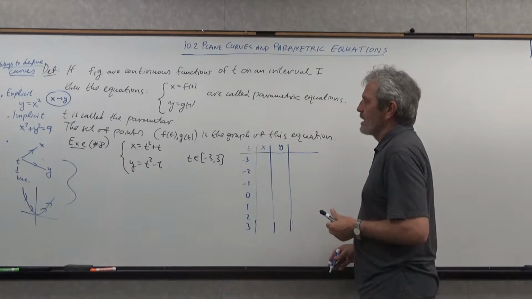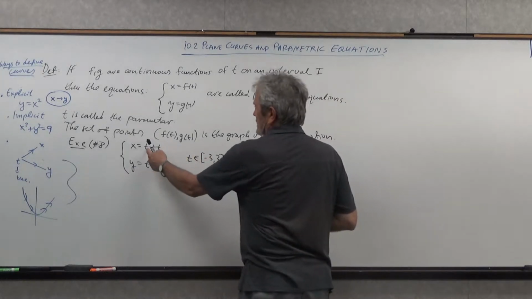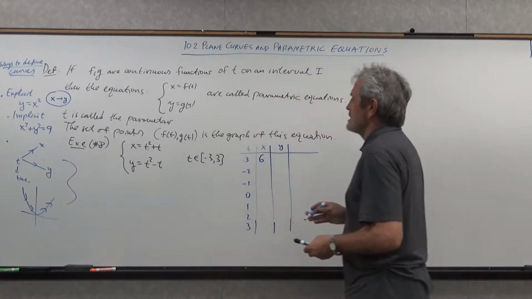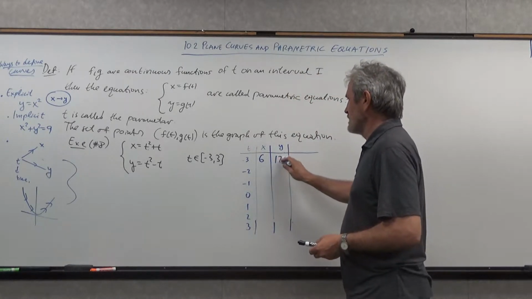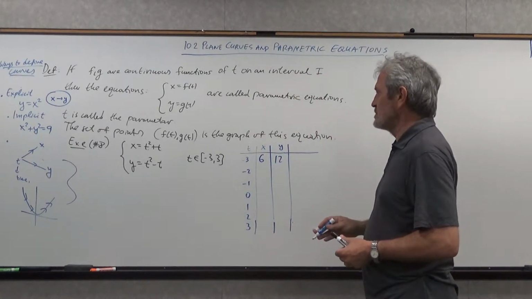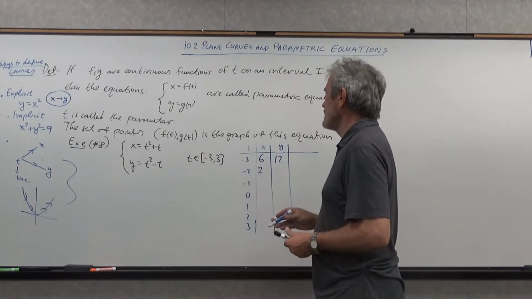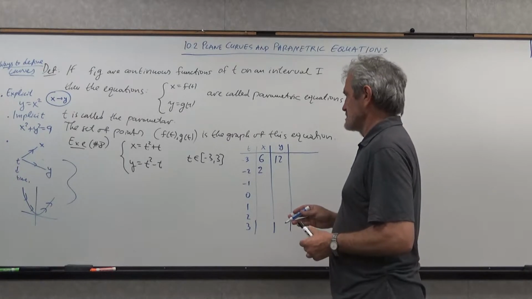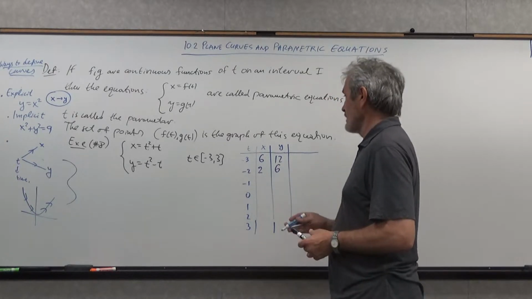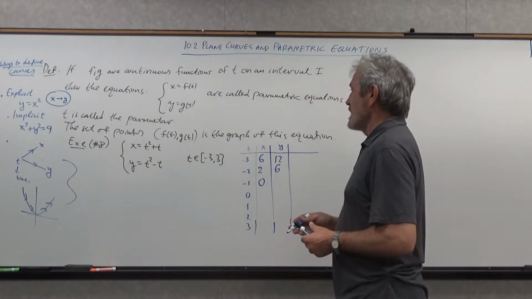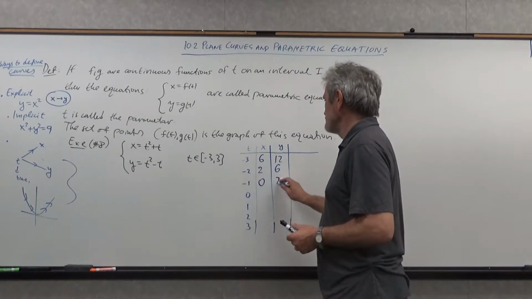So when t is -3, what do we get? 9 minus 3, so x is 6, and 9 plus 3, y is 12. When t is -2, we get 4 and -2, so x is 2 and y is 6. When t is -1, we get 0 for x, and y is 2.